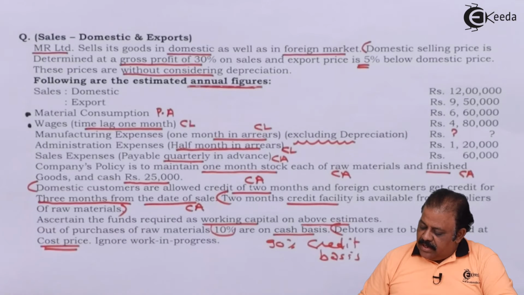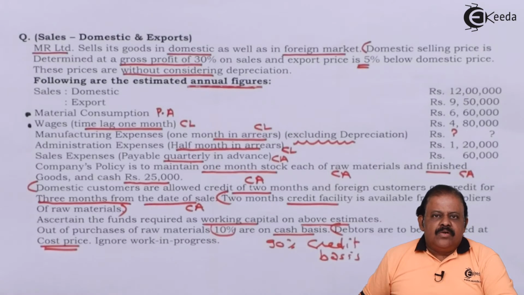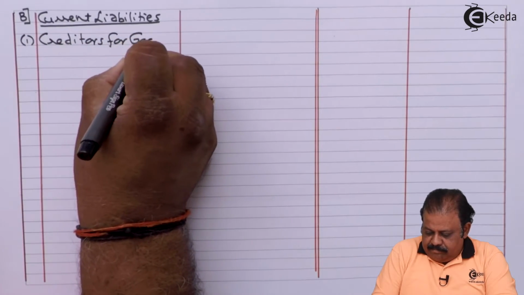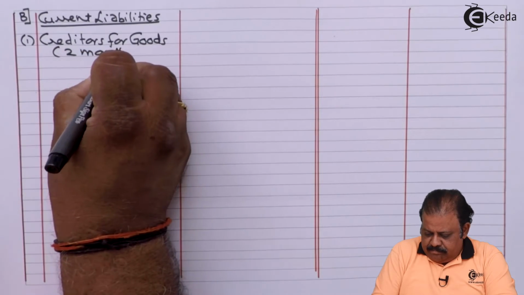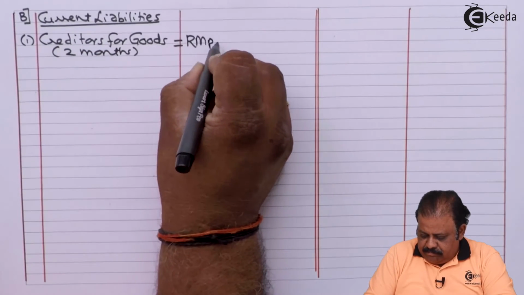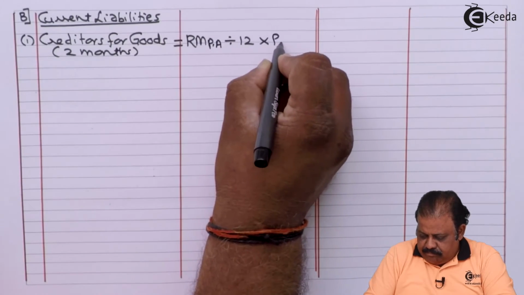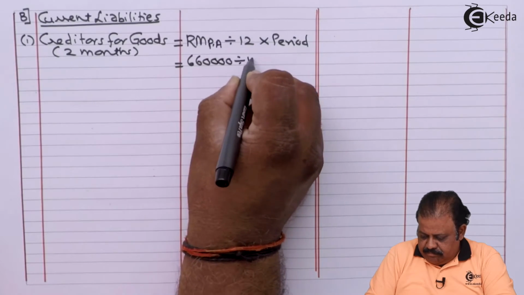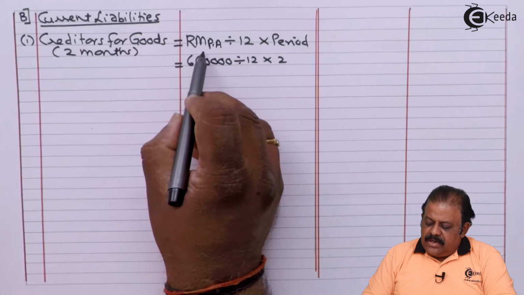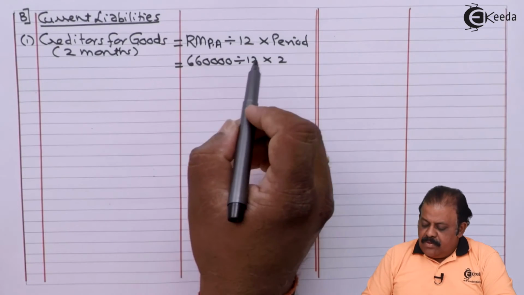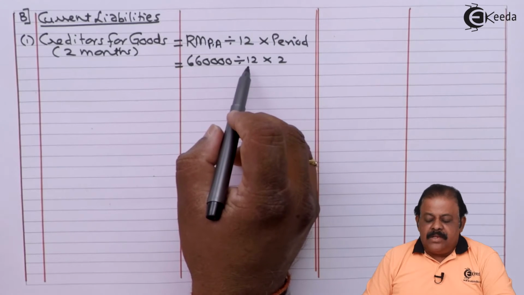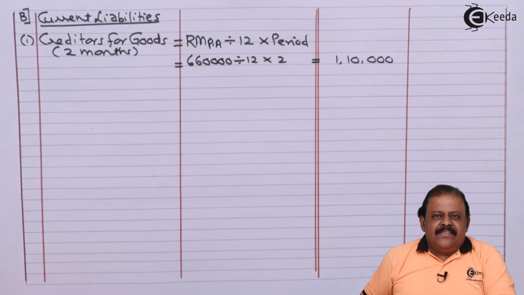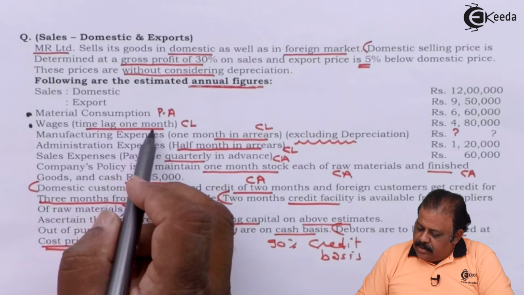This is information of current liability. Creditors for goods: raw material per annum is 6,60,000 divided by 12 to get per month multiplied by period 2 months, therefore multiplied by 2. So it is 1,10,000. Wages time lag 1 month.